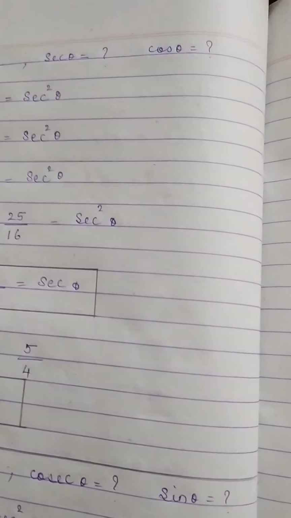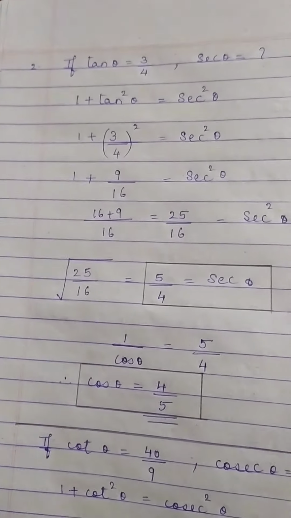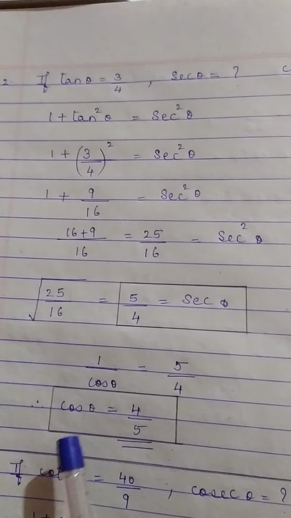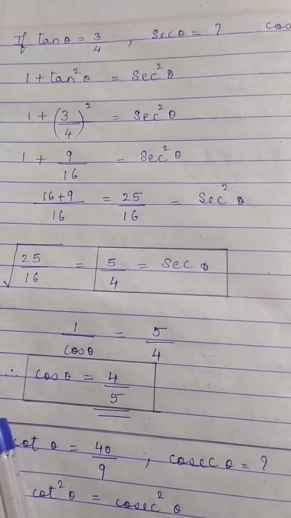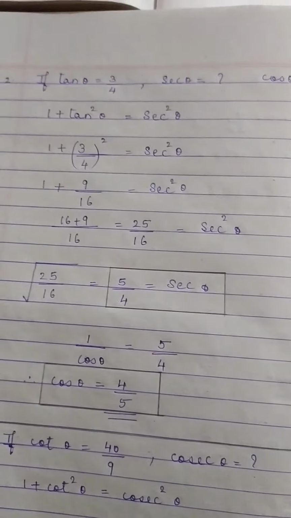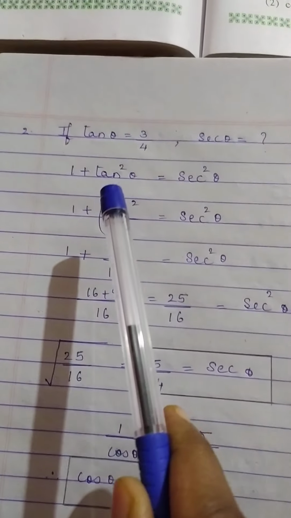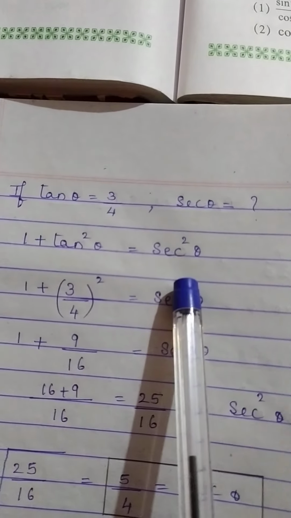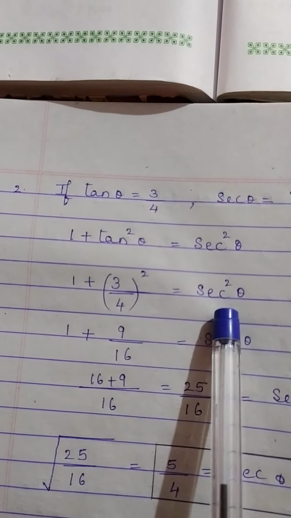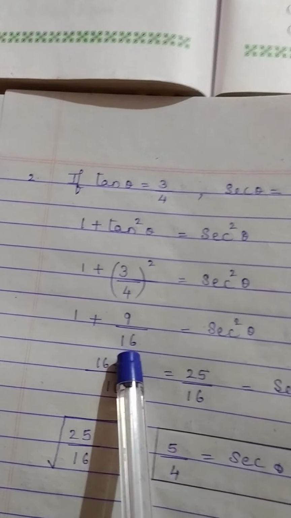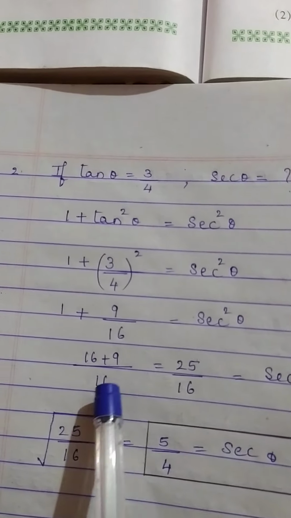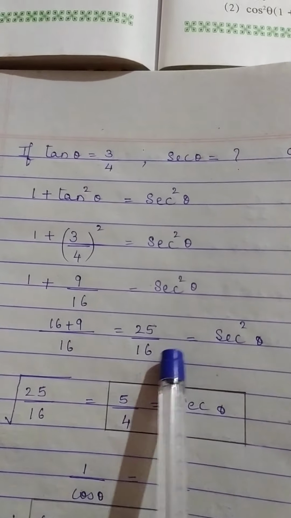Next we go to question number 2. Question number 2, if tan theta equal to 3 upon 4, find the value of secant theta and cos theta. So use the identity 1 plus tan square theta equal to secant square theta. Substitute the value. Same method. Square it. 9 upon 16. Find the LCM. 25 upon 16.